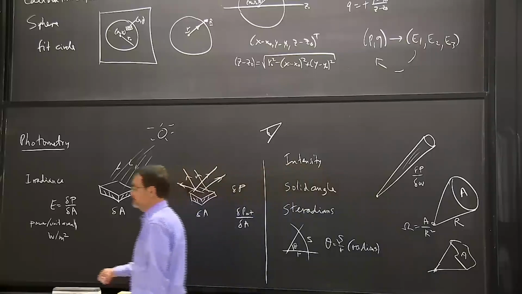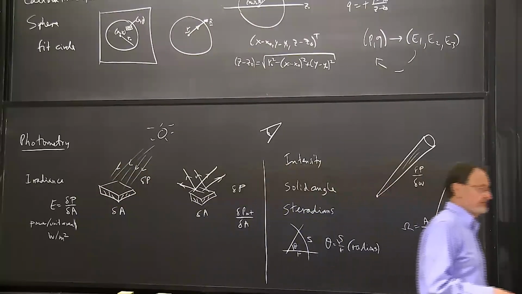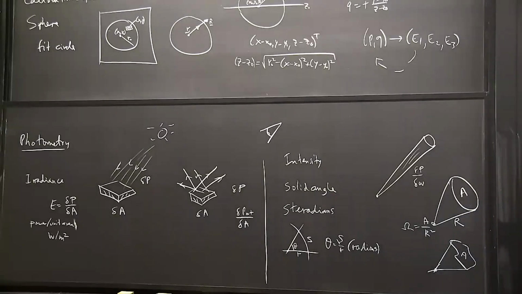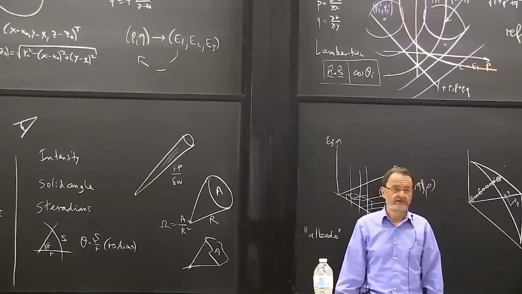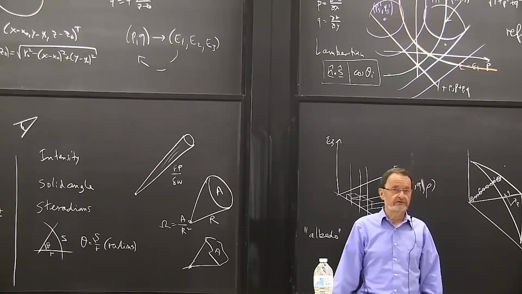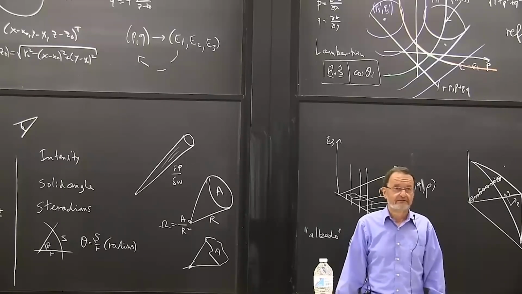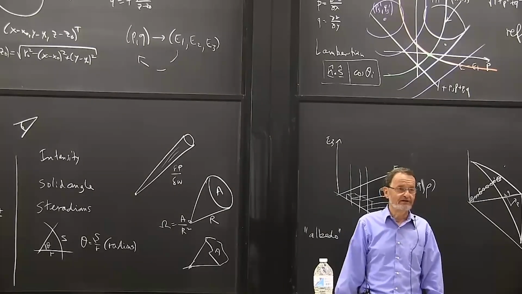Okay, so for radians, we go from 0 to 2 pi. What's the corresponding thing for steradians? If I want to talk about all possible directions around me, how many steradians is that? What's the surface area of a sphere? Yes, 4 pi r squared.